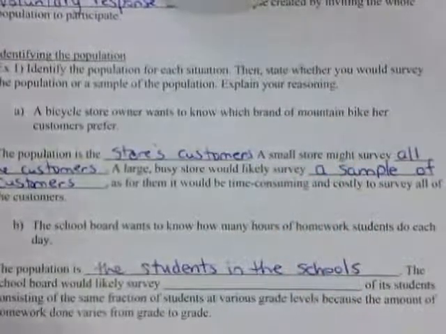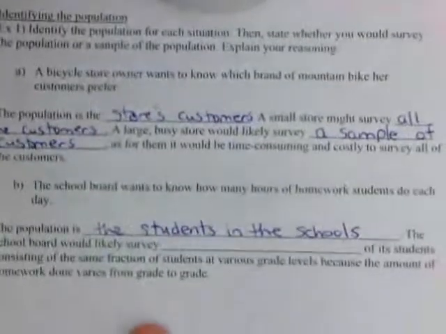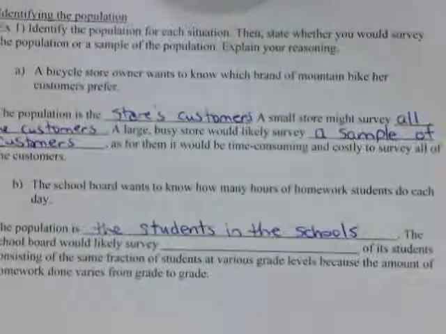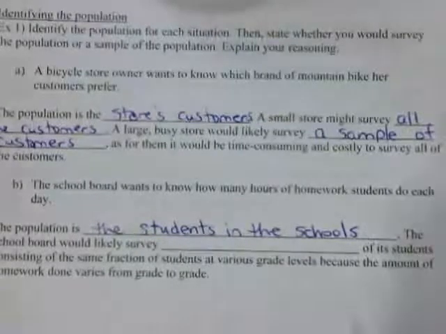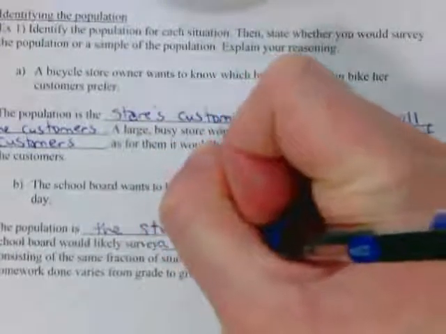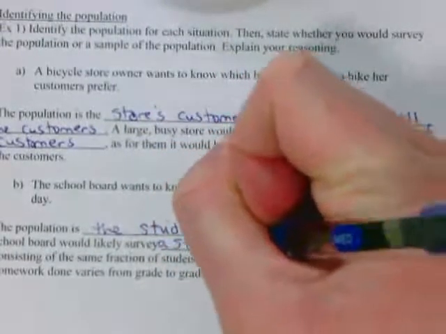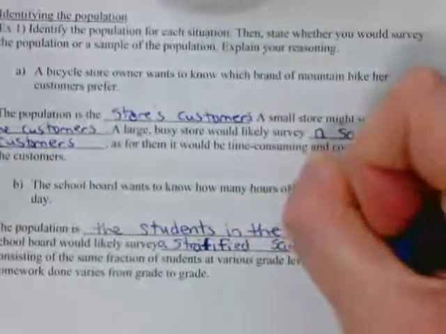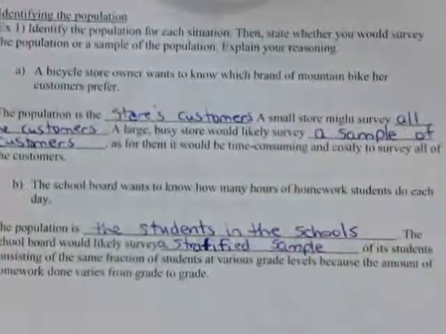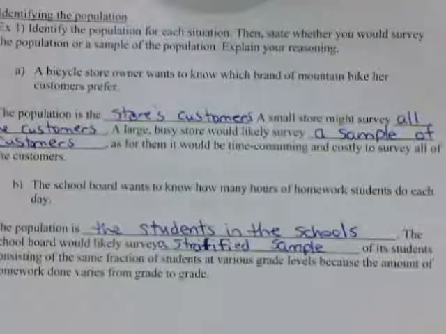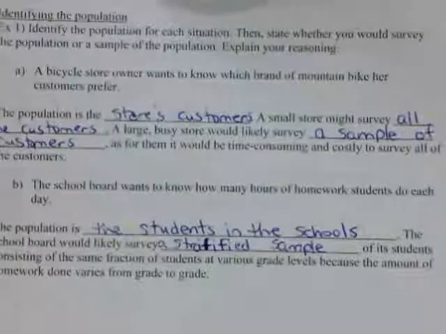Now, the school board would likely survey a stratified sample of its students consisting of the same fraction of students at various grade levels, because the amount of homework done varies from grade to grade.